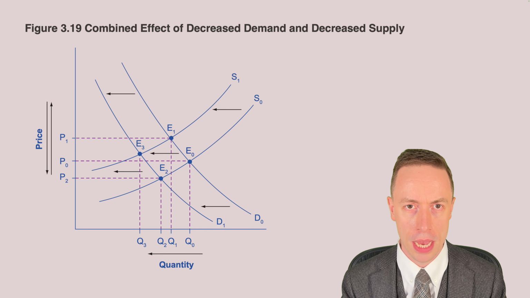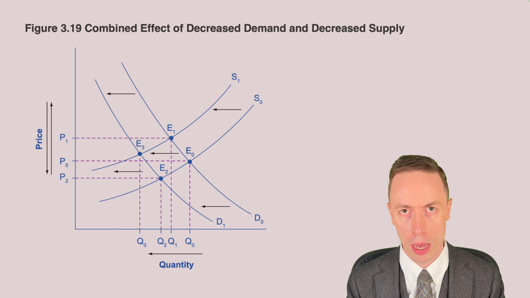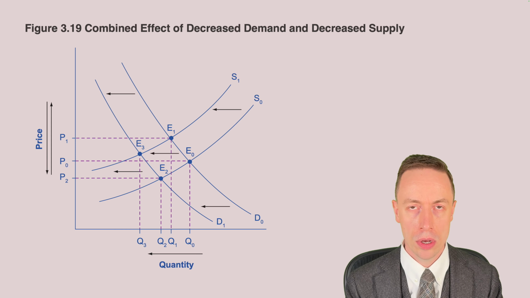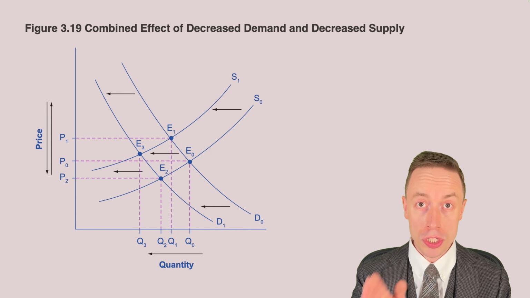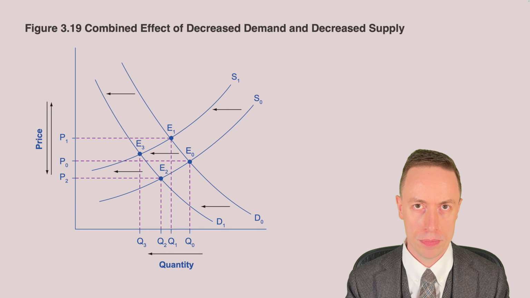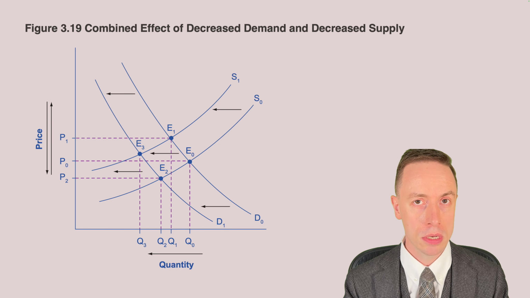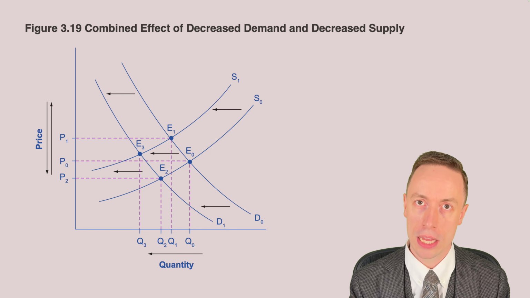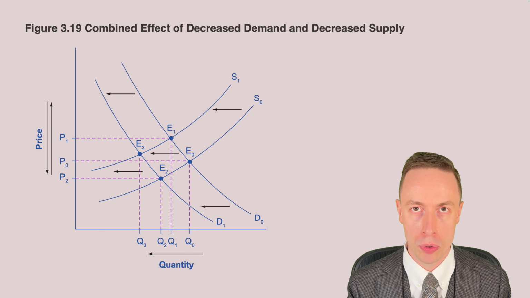So in this specific example, if both supply and demand decrease, you should be able to say, certainly quantity will fall. But price, I am uncertain. I cannot make a prediction without more data.